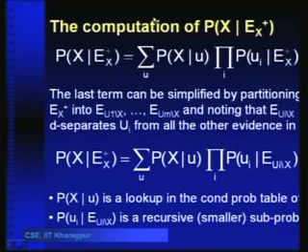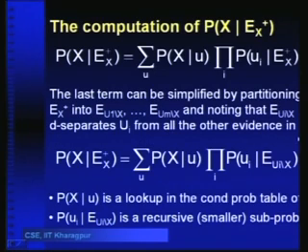Having split up this thing, we look at the last term, and it can be simplified by partitioning this evidence into Ui except X, noting that Ui except X deseparates Ui from all the other evidence in Ex plus.